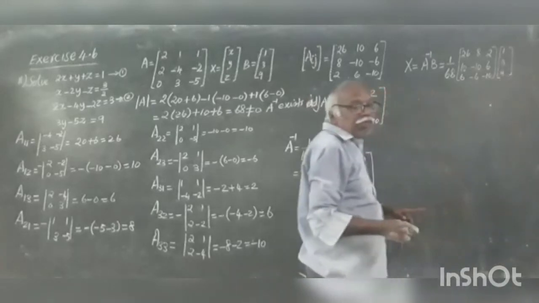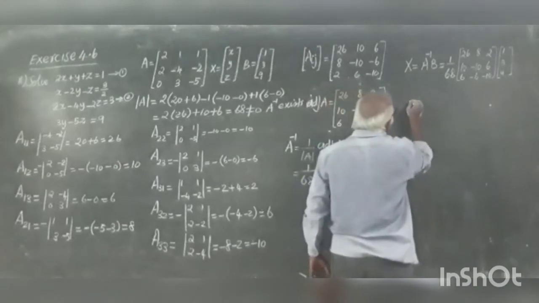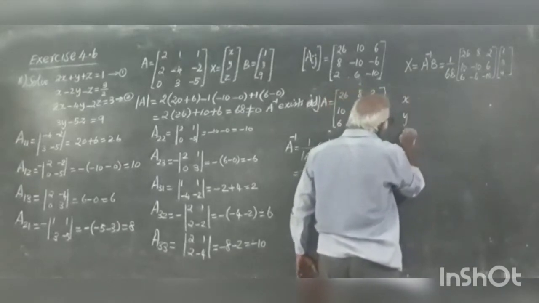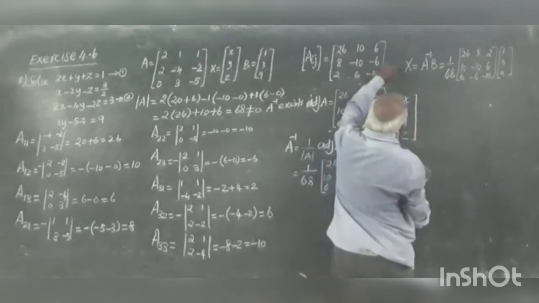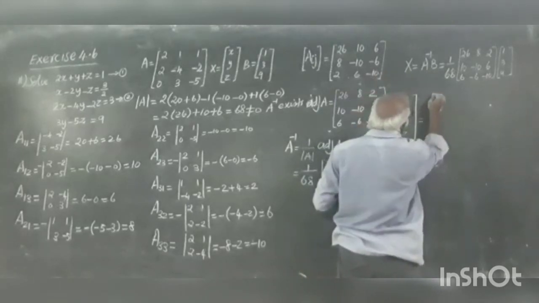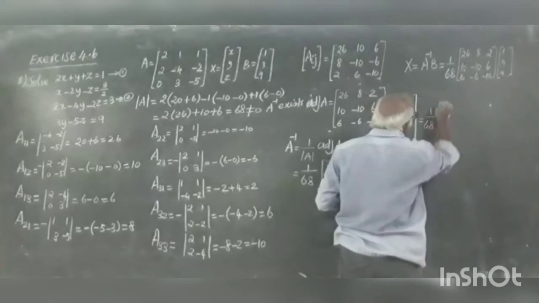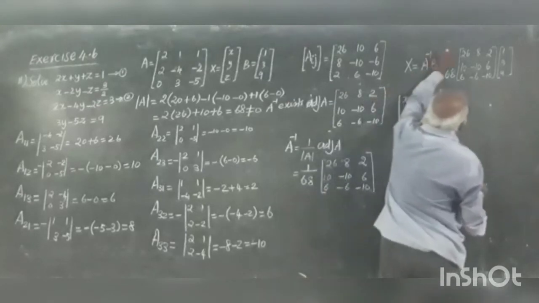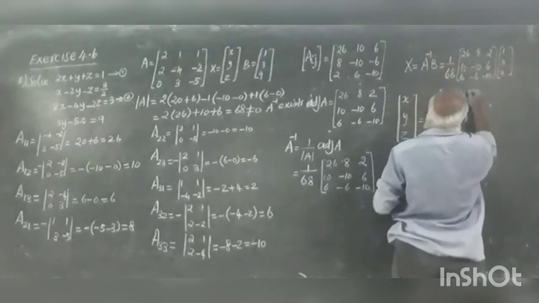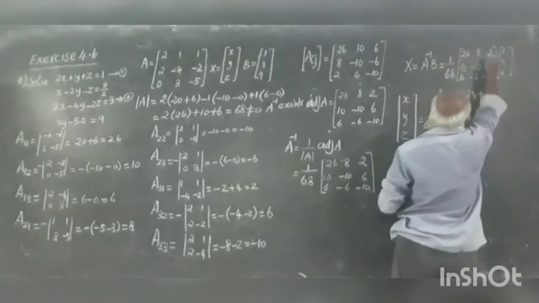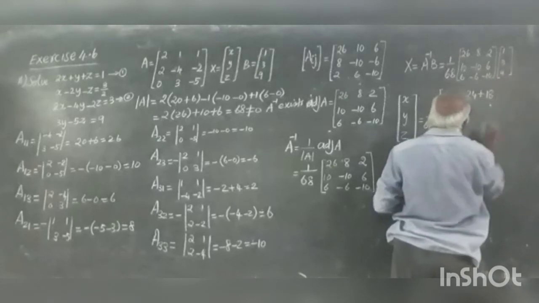Carefully write. Then x, y, z is equal to 1 by 68 into, we have to multiply. First row: 26 into 1, 26, plus 8 into 3, 24, plus 2 into 9, 18.